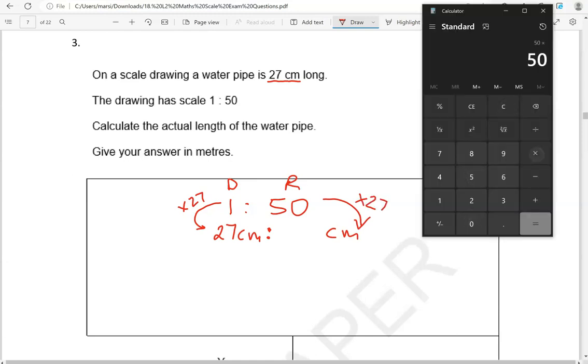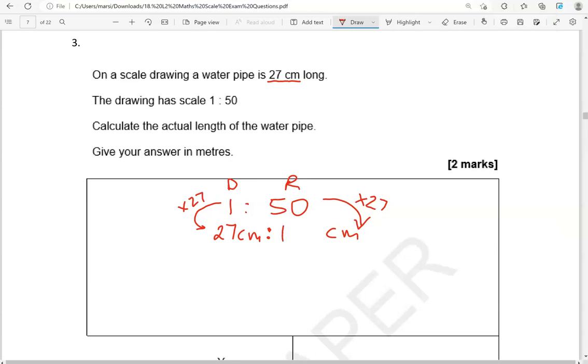So 50 times 27 gives us 1,350 centimeters. But we've got to give our answer in meters. We know that there are 100 centimeters in 1 meter. So if we divide 1,350 by 100, that will give us 13.5 meters.